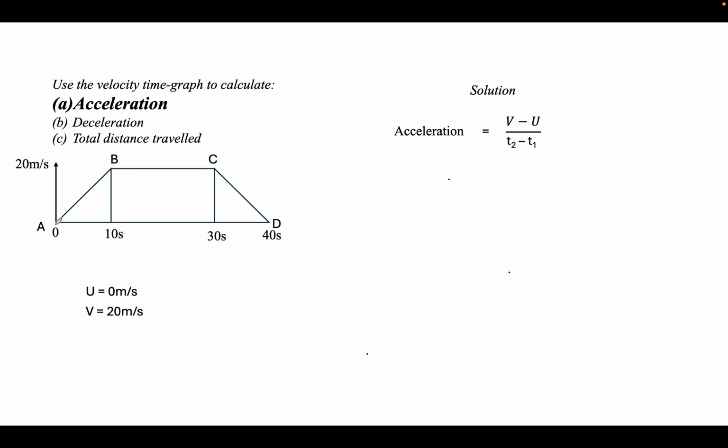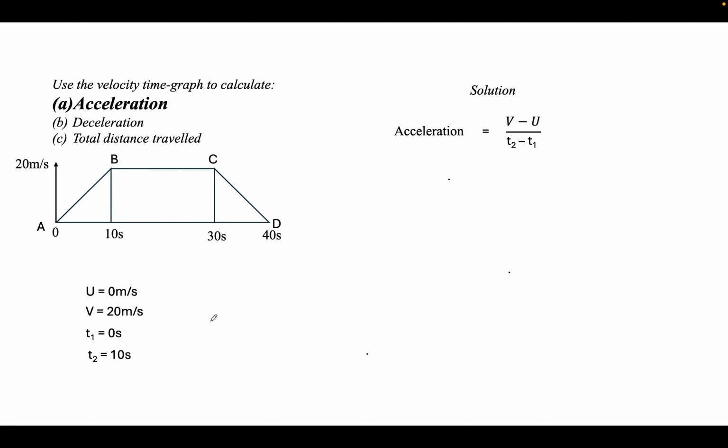So remember, when the initial velocity is 0, the initial time is 0 too. So our t1, which is initial time, is 0 seconds. Then when the object accelerates to point B, the time changes to 10 seconds. Therefore this is our final time. So our final time, which is t2, is equal to 10 seconds.